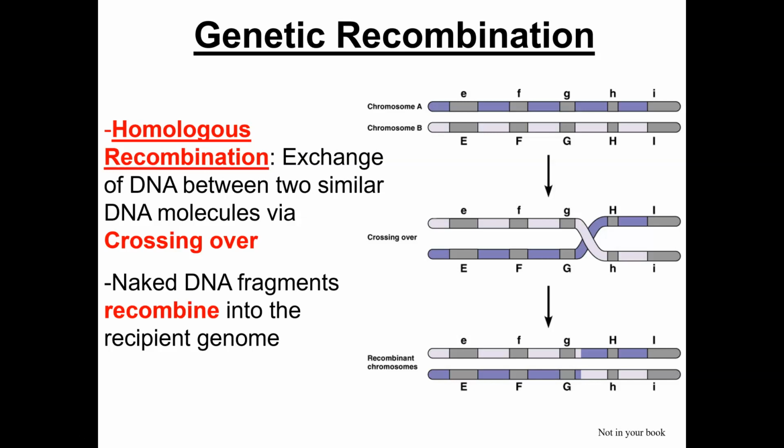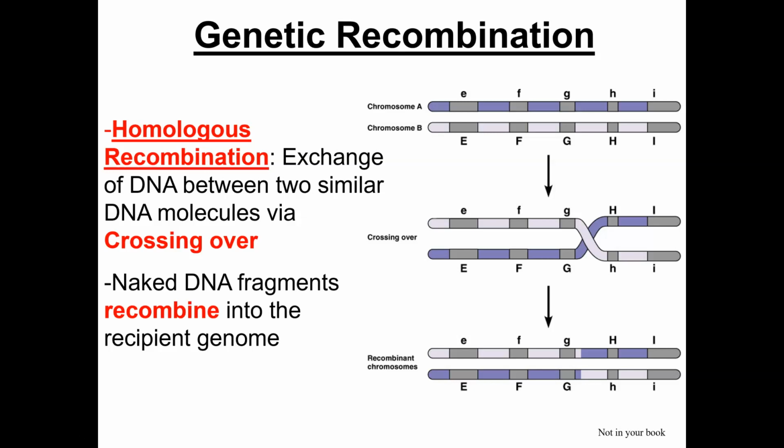But one example, keeping it as simple as possible, is homologous recombination. Okay, so homologous. Okay, that's talking about things that are similar to each other. They can be identical, but at the very least, they must be similar.